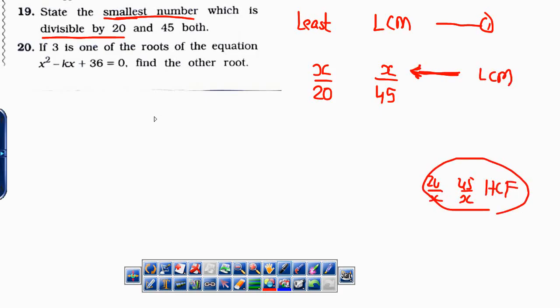That's it. Just find the LCM of 20 and 45. ये तो सबको आता है. मैं एक दूसरी टेक्निक सिखाता हूँ.